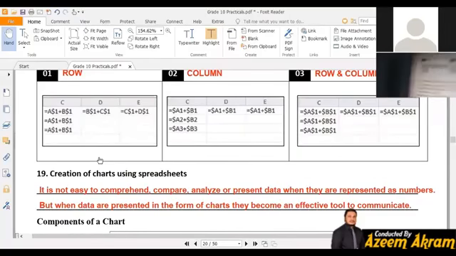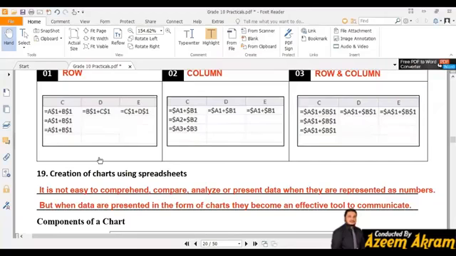Okay, so the final answer is they will ask you to get some sort of range. They will ask you to get some range of total. They will ask you to get some range of average. They will ask you to get the highest marks of it.